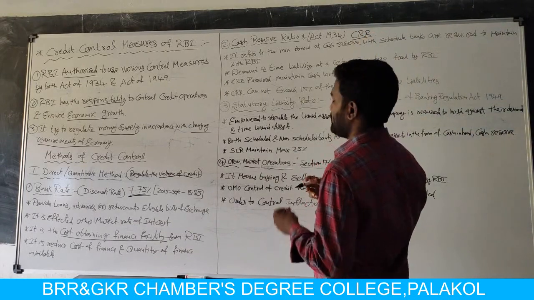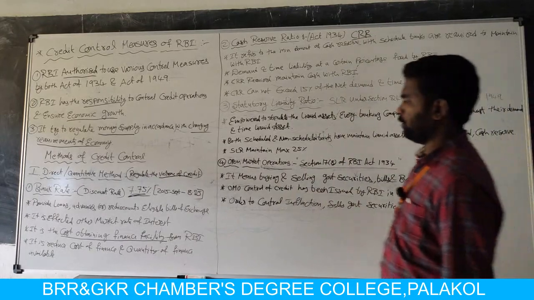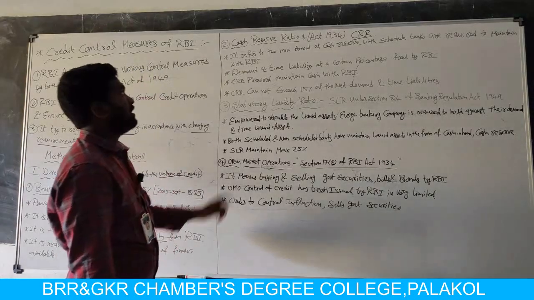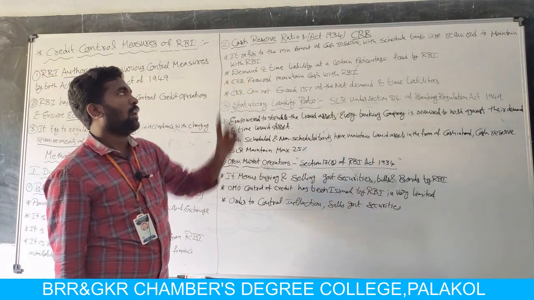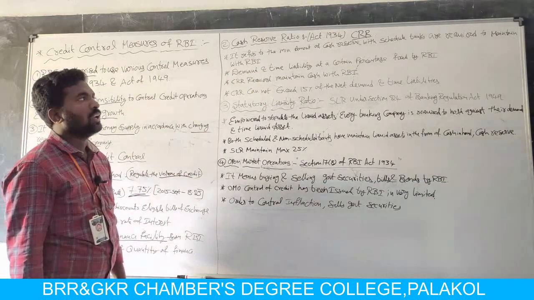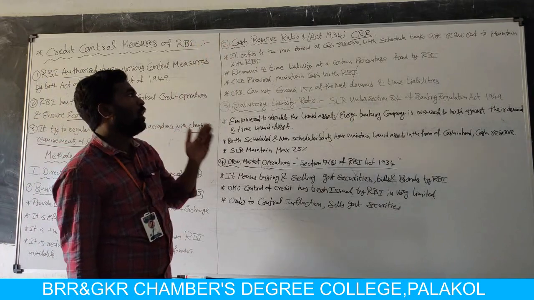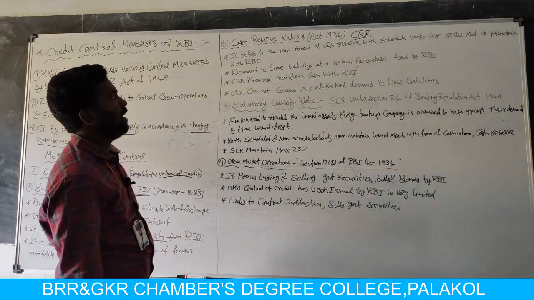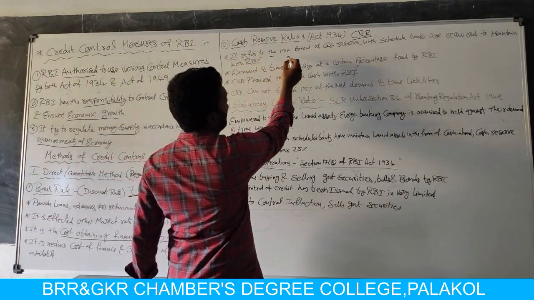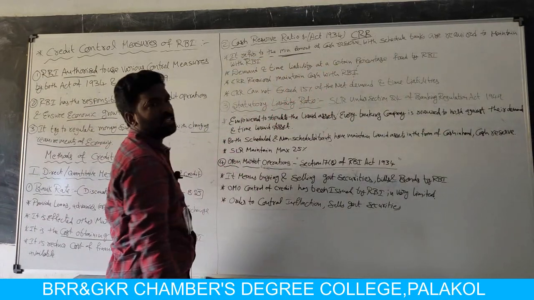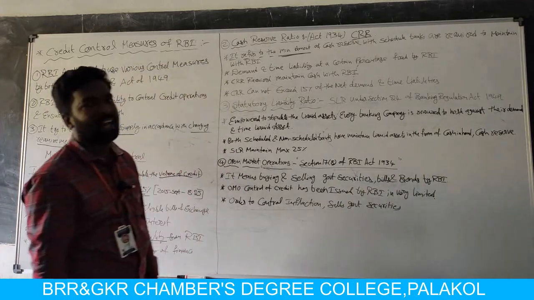It means cash reserve ratio. Clear? Cash reserve ratio works as per the Act of 1934. As per cash reserve ratio, there are 4 main key points. First one, cash reserve ratio refers to the minimum amount of cash reserve that scheduled banks are required to maintain with RBI.